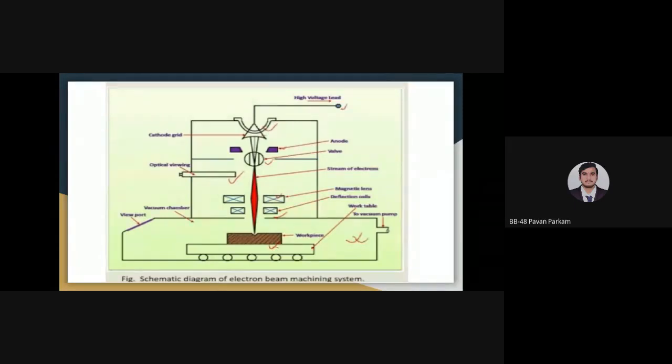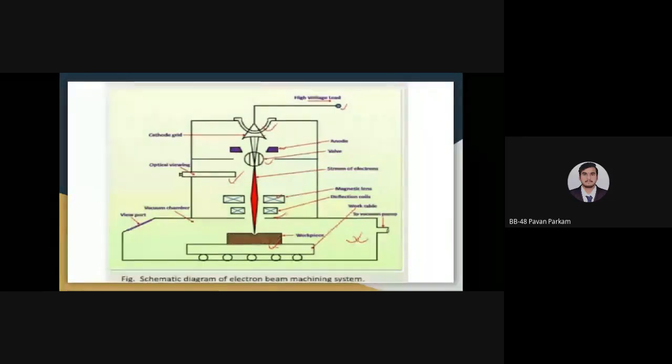Whatever this recast layer is, whatever molten material re-deposits on your workpiece, that recast layer can be reduced by this chemical backing material.